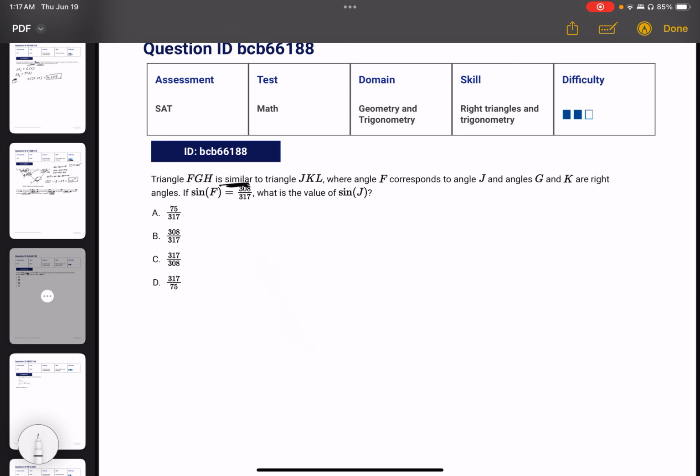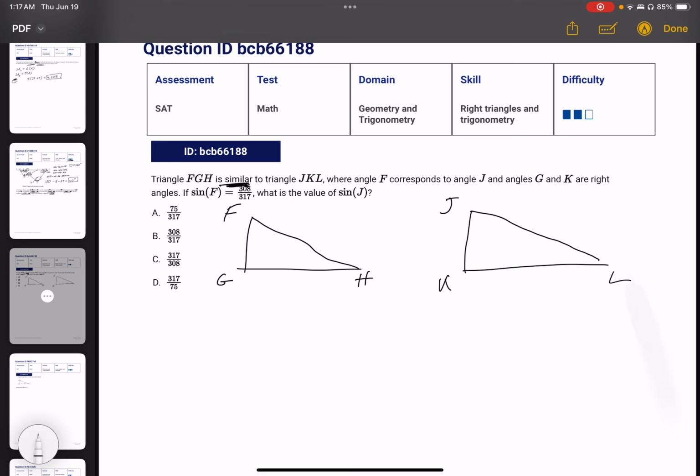Okay, so I'm going to draw these out quickly. F, G, H. J, K, L. Take note how it says the triangles are similar. This means that the lengths of the sides are going to be proportional to one another.